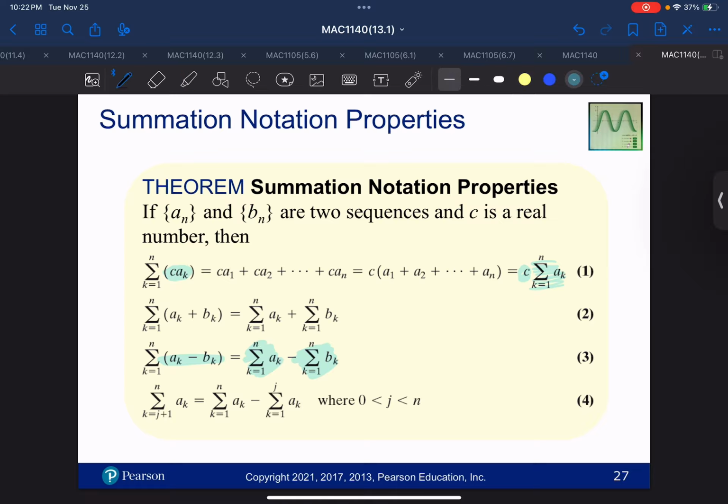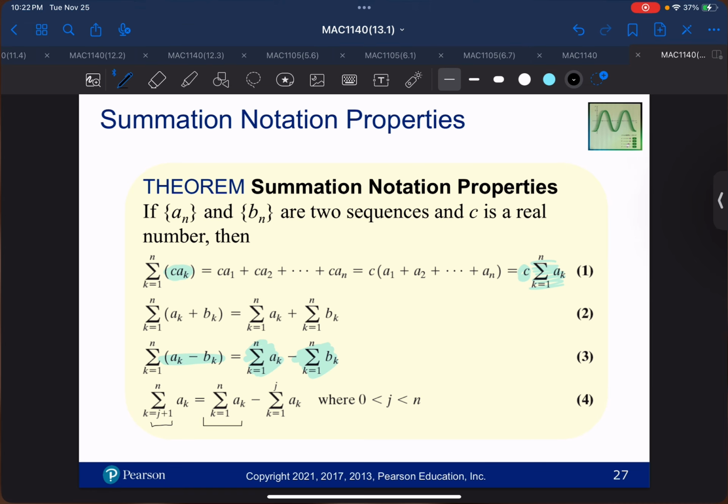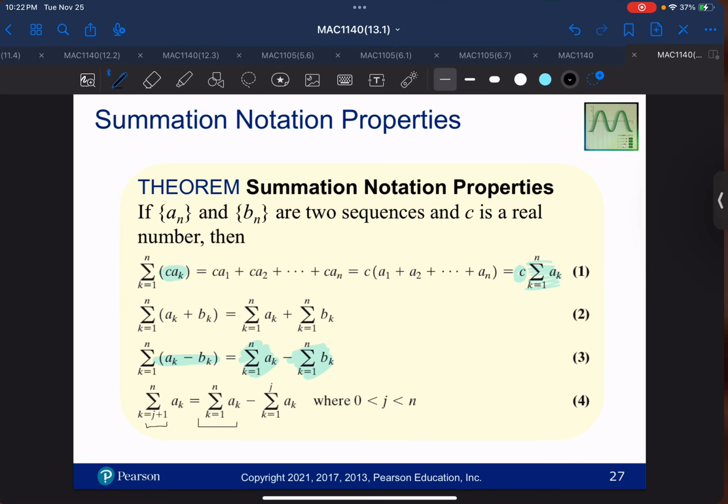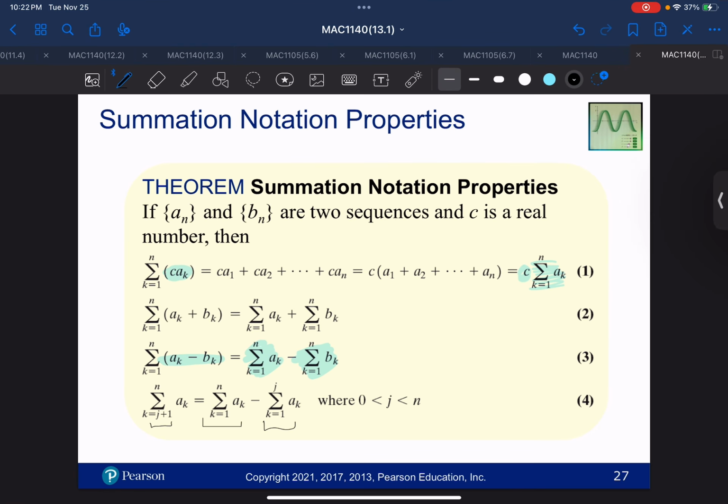And the last one says that the summation of a sub k, where k starts at the j plus 1 entry, is equal to the summation of a sub k of k starting at 1 and going to n minus the summation of k starting at 1 going to j.